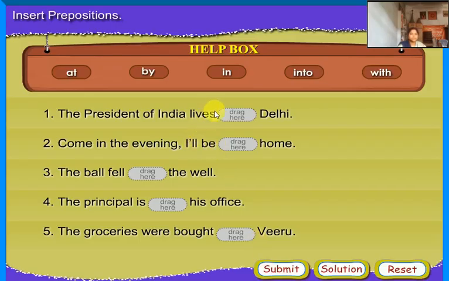Insert prepositions. The President of India lives dash Delhi. In. Come in the evening. I will be dash home. At home. The ball fell dash the bell. Into.